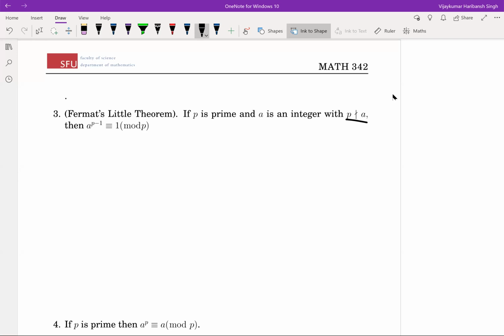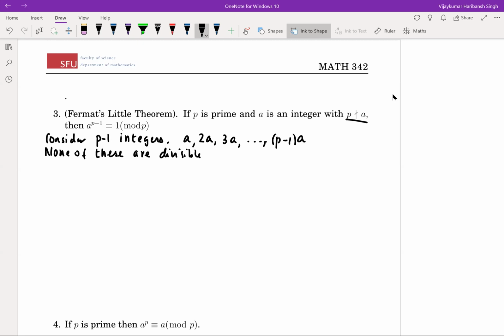Start with the following. Consider p minus 1 integers: a, 2a, 3a, all the way until p minus 1 times a. Now, none of these are divisible by p. Because if p divides one of these, say i times a, where i is between 1 and p minus 1, this would imply p divides i, since p does not divide a, right?